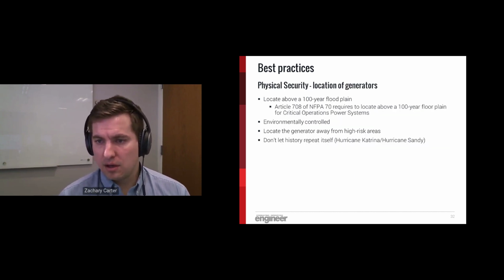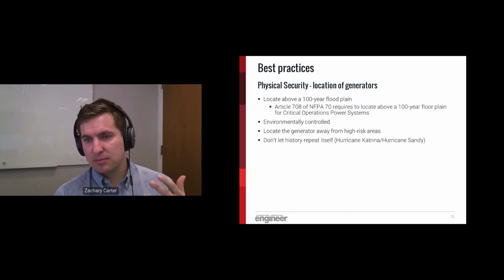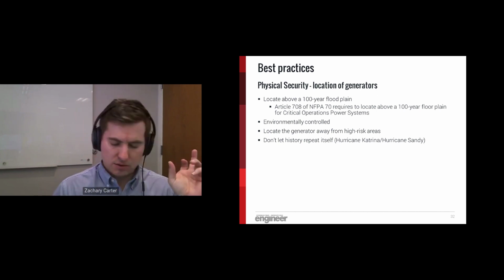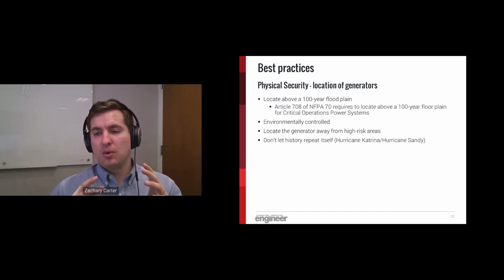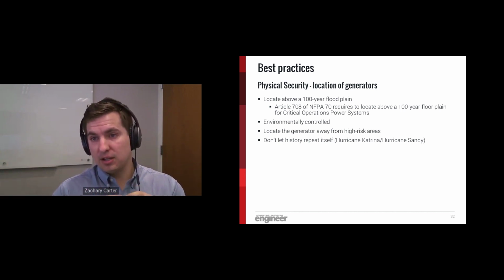And then moving on to some more best practices, some of that physical security that we talked about earlier is, again, we've got two normal feeds, two generators, we've designed a beautiful system. Well, don't let the Achilles heel be the physical security or the location of the generator. Best practices that we see are to locate generators above a 100-year floodplain.